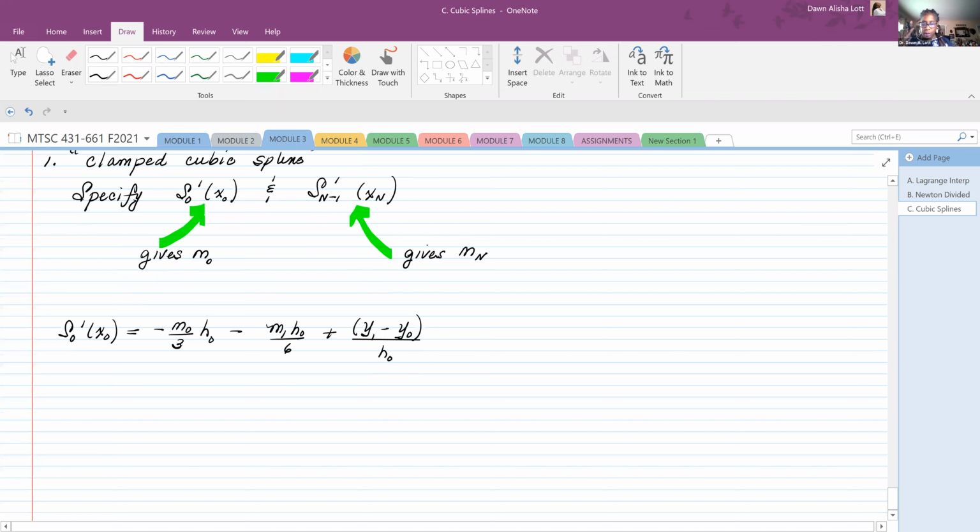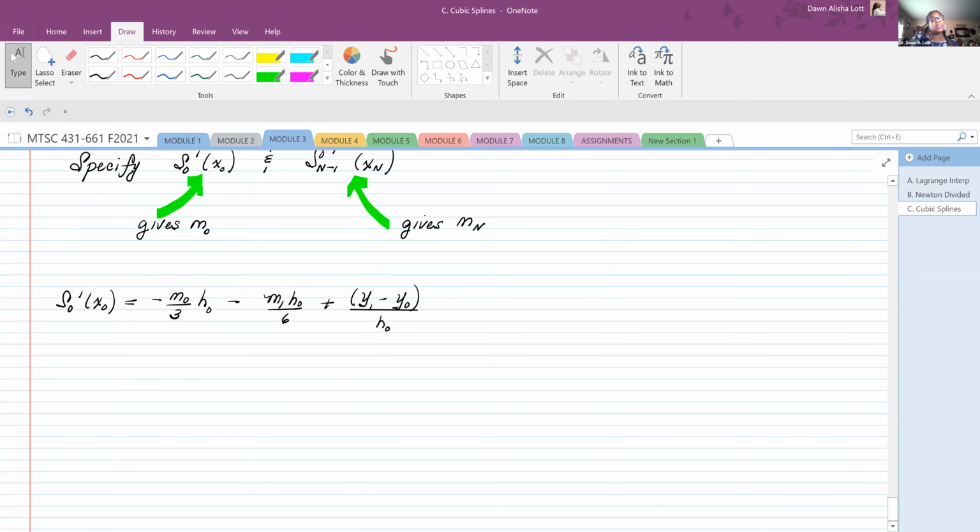Okay. So from there, once I tell you what S0 prime of X0 is, then I can solve uniquely for M0 in terms of M1.